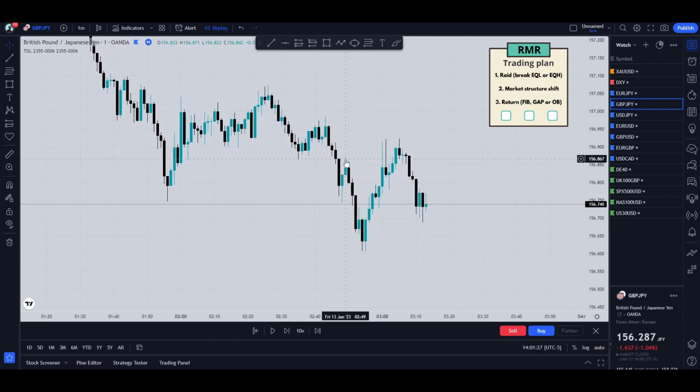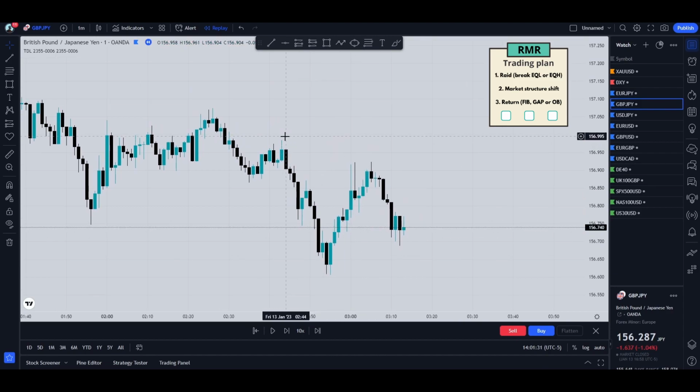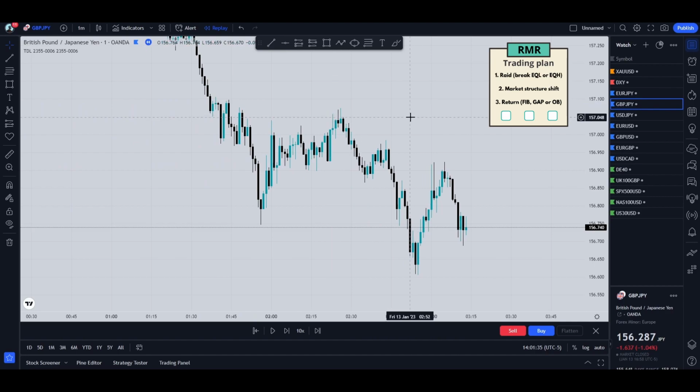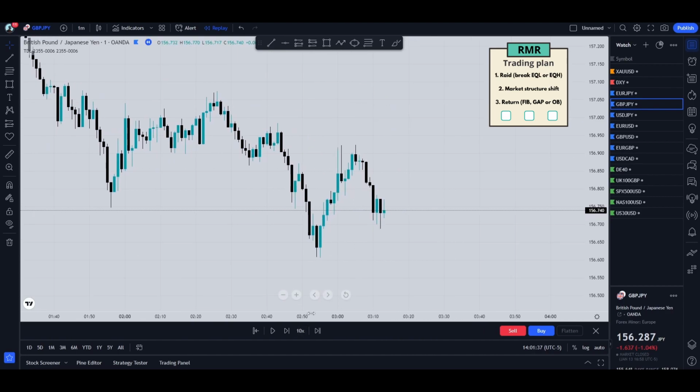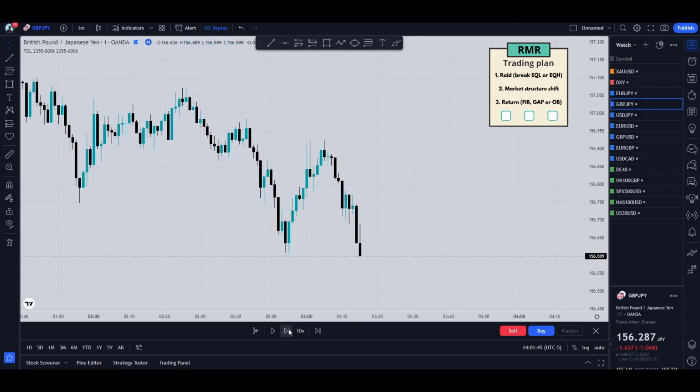We swept this high, and now we're doing a market structure shift, but I want to sweep some of the high highs like these two here, and then I'll be looking for an entry. So this is a high we swept, but it's not significant enough for me to take the trade, so let's wait and see how it goes.